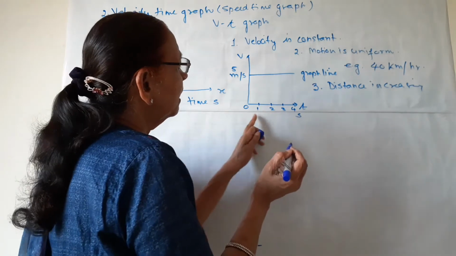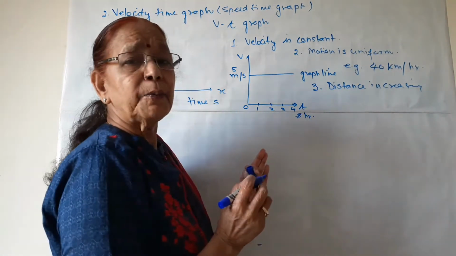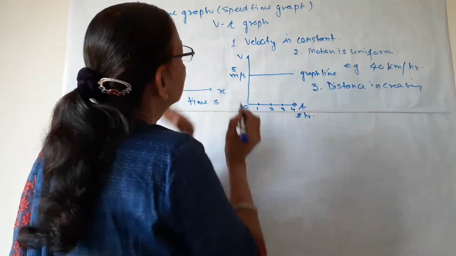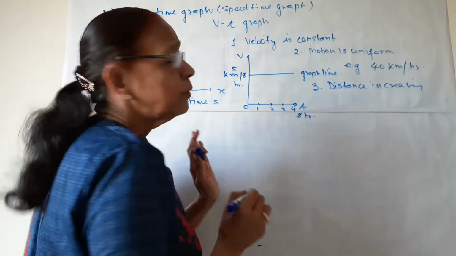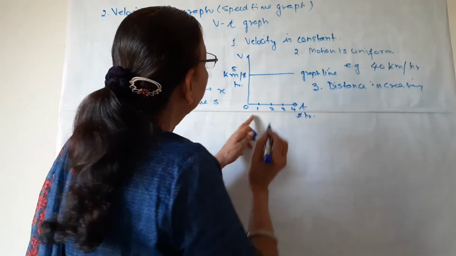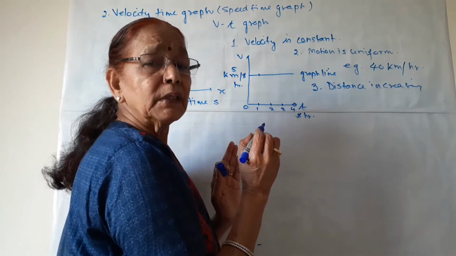Suppose these are hours instead of seconds, and this is 5 kilometer per hour. In the first hour, the car goes 5 kilometers.